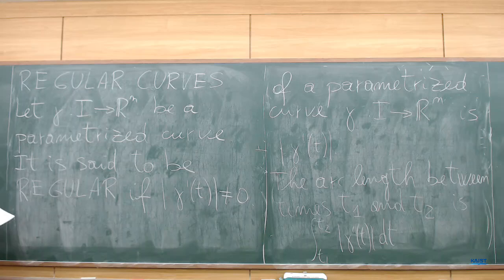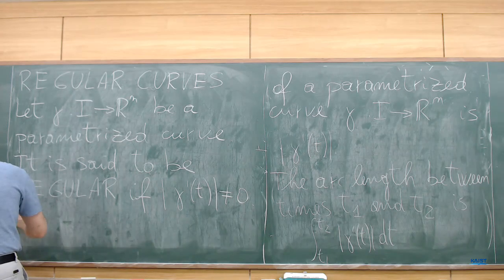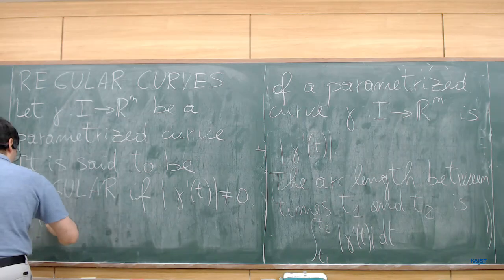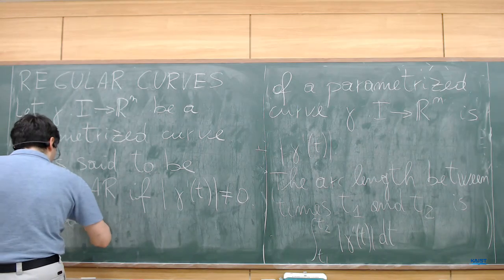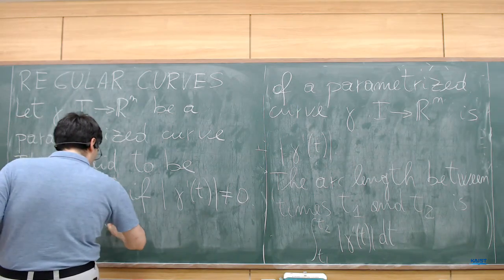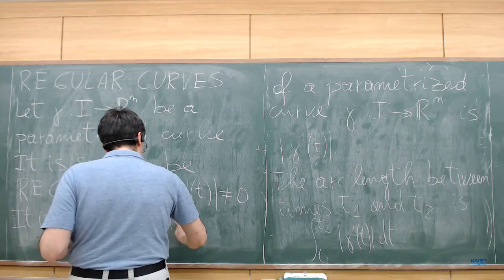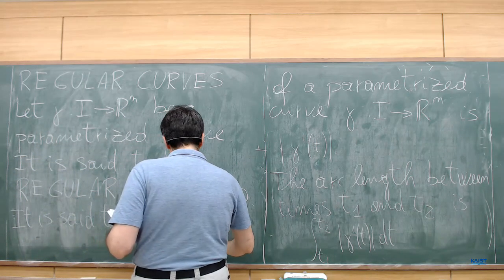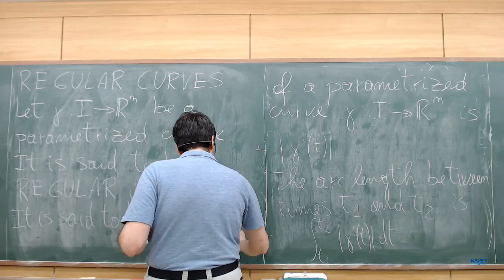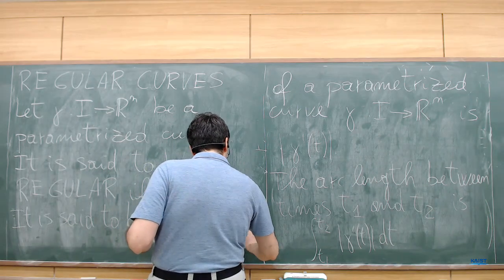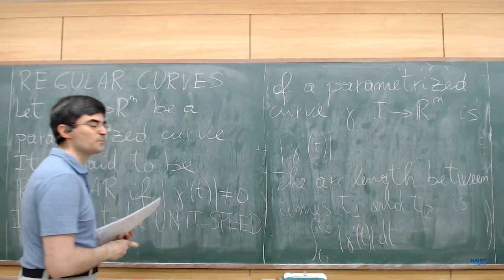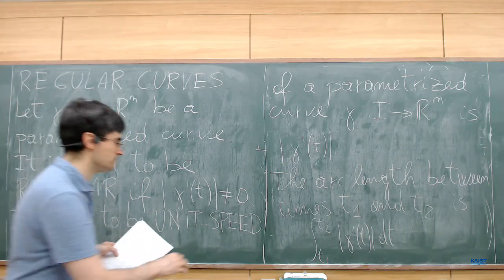A special case of this is the following. It is said to be unit speed if the speed is always equal to 1.